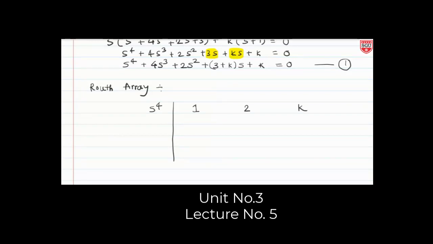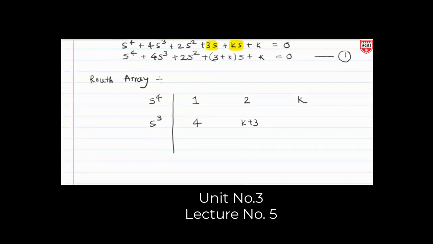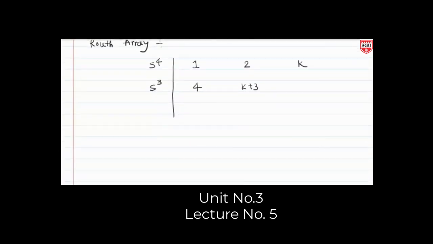Then s raised to 3 will have 4 and 3 plus k, or we can write k plus 3. Okay, so this is the start of our routes array.